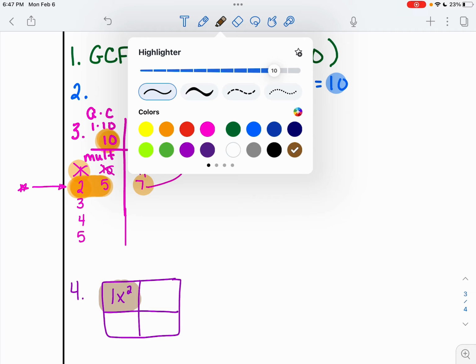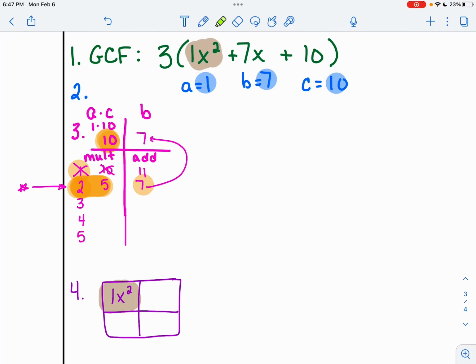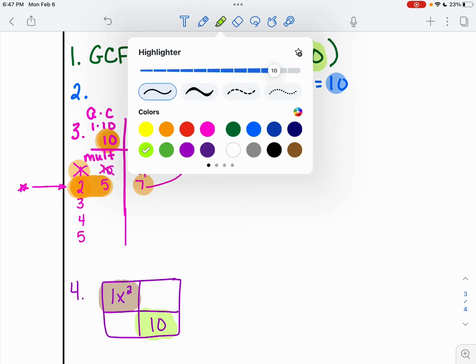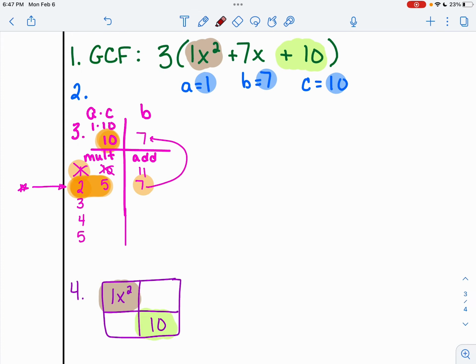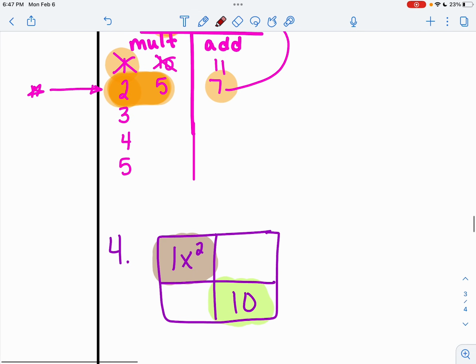The next one I will highlight in lime green. The bottom right, you will put this positive 10. Again, the light green indicates where I got that from. Now, in this burgundy color, you will put this 2 and this 5 here and here.